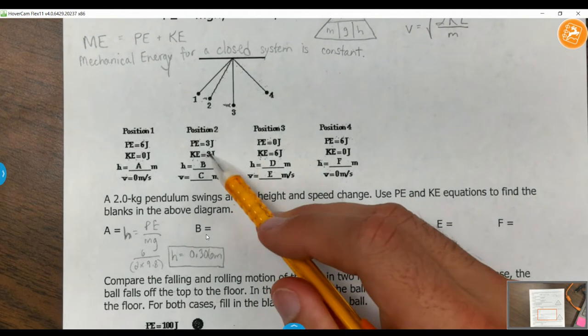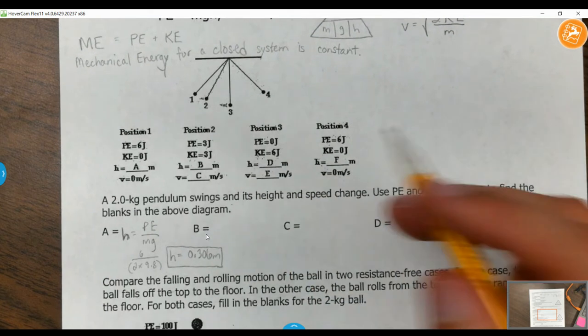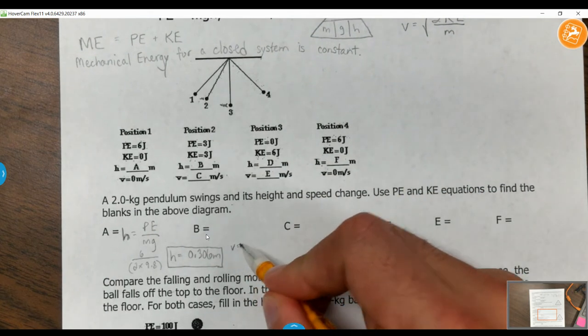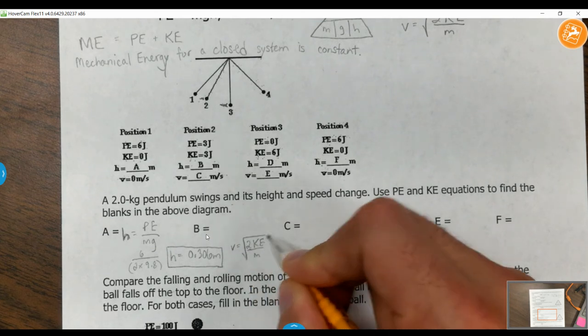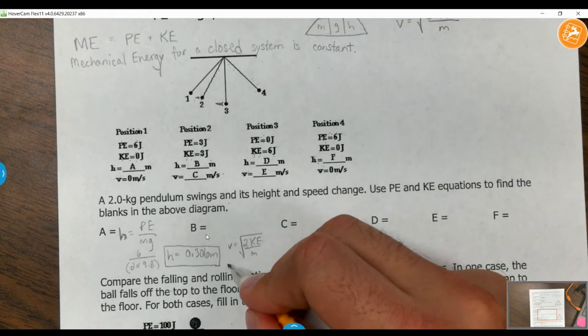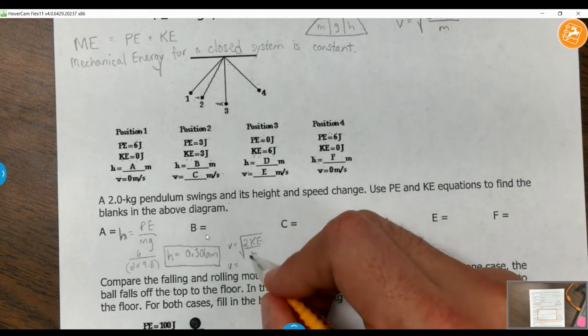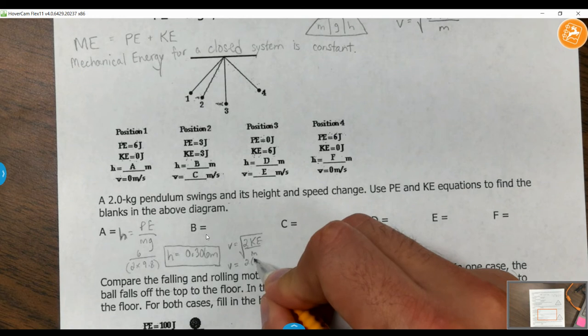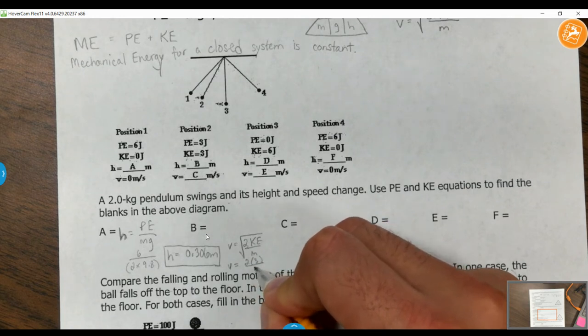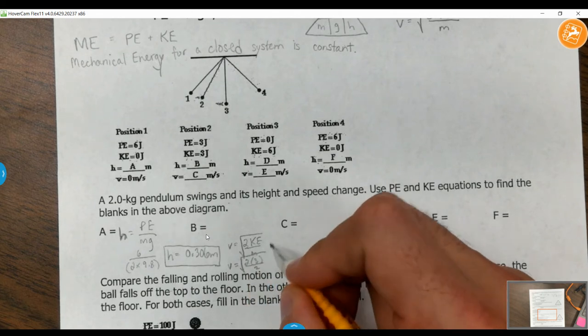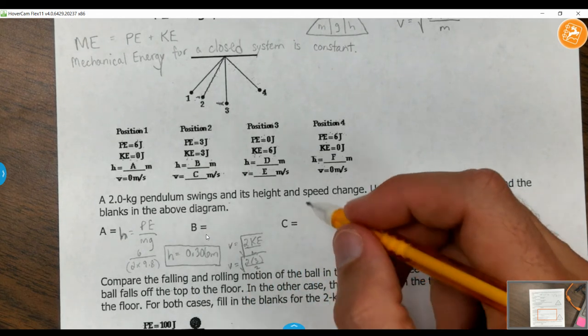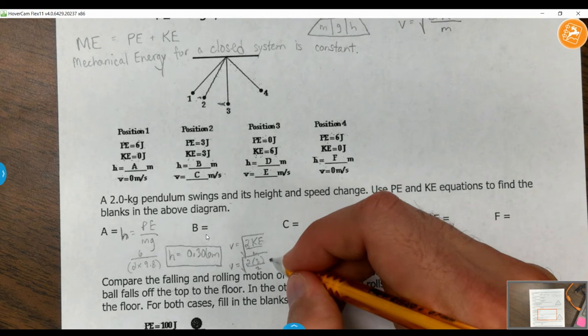Now for the velocity, velocity is going to be the square root of 2 times the kinetic energy over the mass. So the velocity equals the square root of 2 times your 3 joules over the mass of 2.